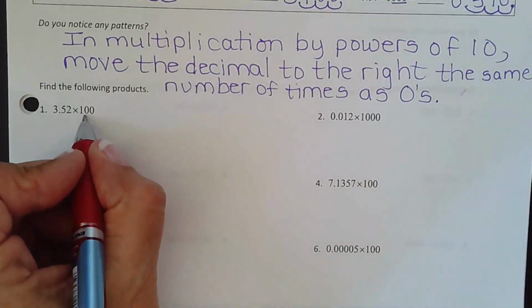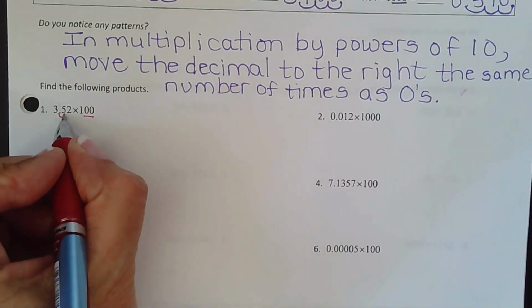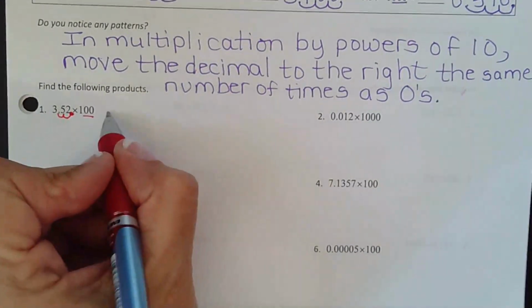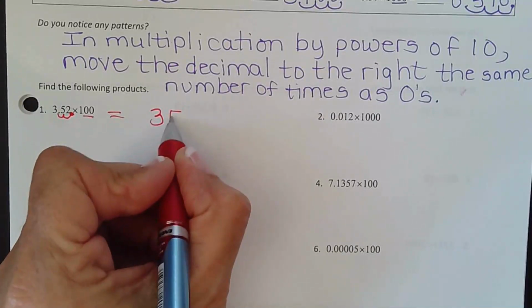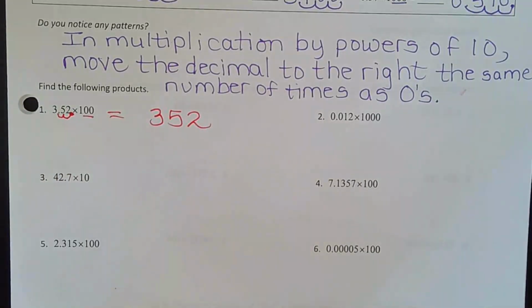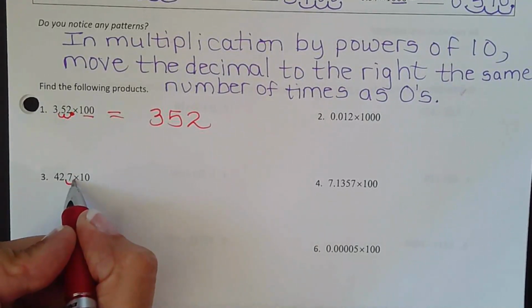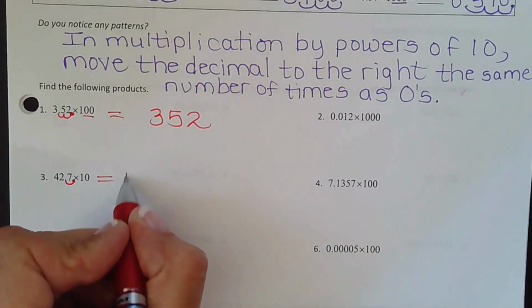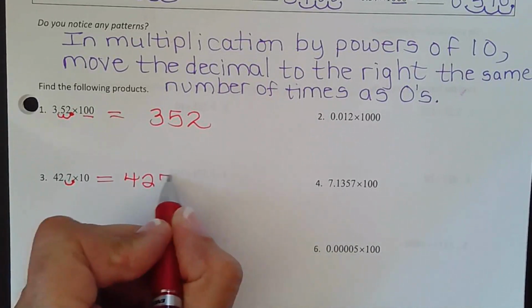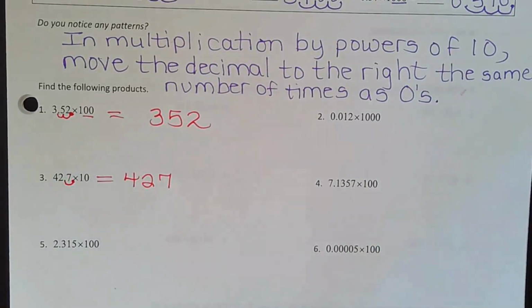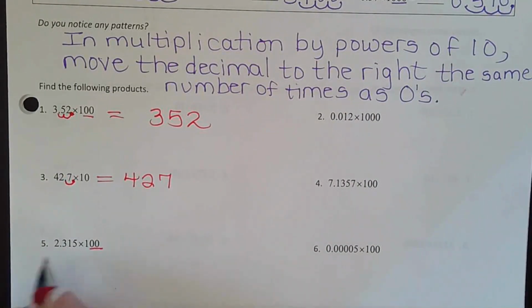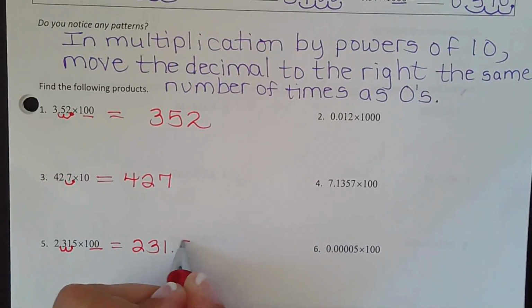So this one, 2 zeros, so we move the decimal place 2 places. So that number turns into 352. 1 zero, so move the decimal place 1 place, and that number turns into 427. 2 zeros, so move the decimal place 2 places, so that would be 231.5.